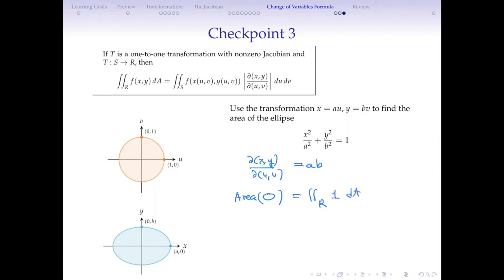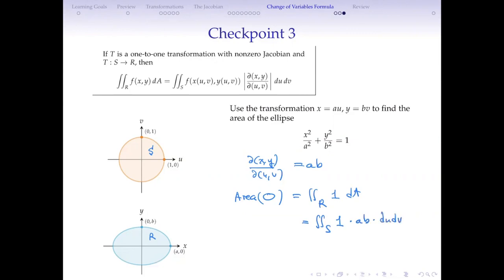Just to make sure it's clear what R and S are, this is R, that's S. So what the change of variables tells me is that's the same thing as the double integral over S of the same function, the constant function 1, then I've got the Jacobian, then times du dv.